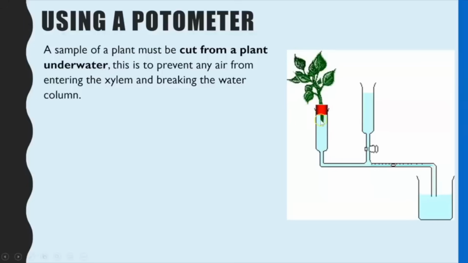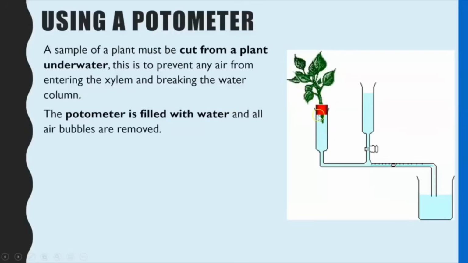So if you were to cut the plant in the air, it's going to be pulling air into the xylem. And that will then break the continuous column of water, and you won't have transpiration working, or at least it won't work very efficiently. So we cut it underwater to make sure only water is being drawn into the xylem.